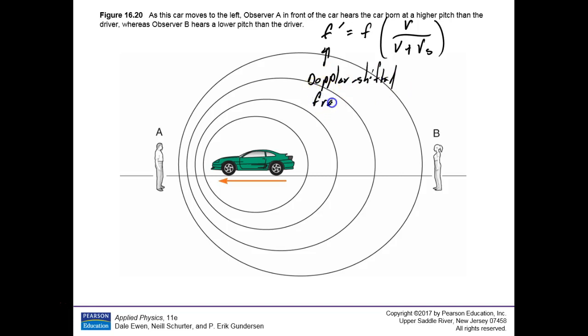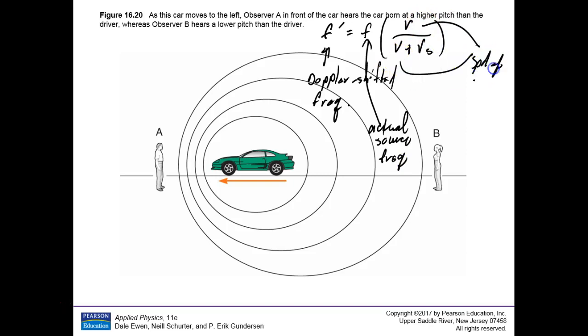F is the actual source frequency. V is the speed of sound. And V sub S is the speed of the source.